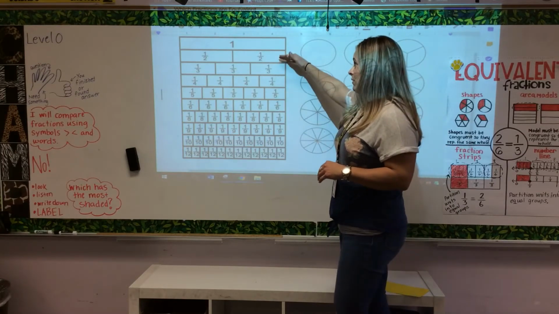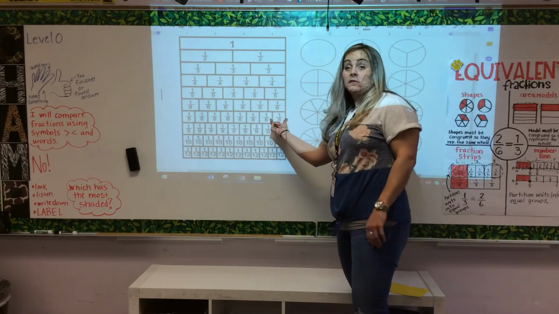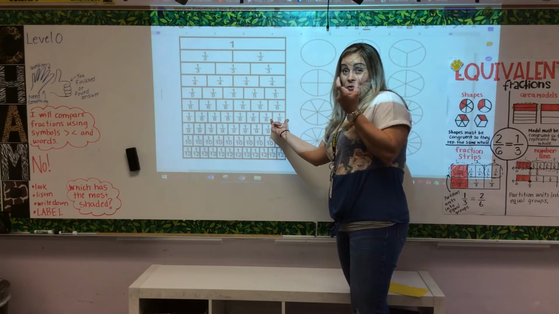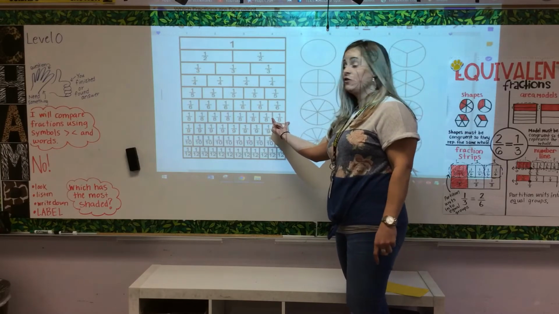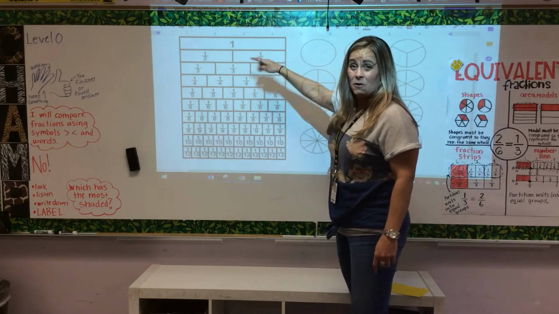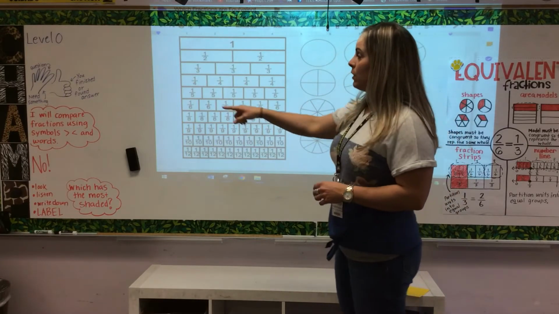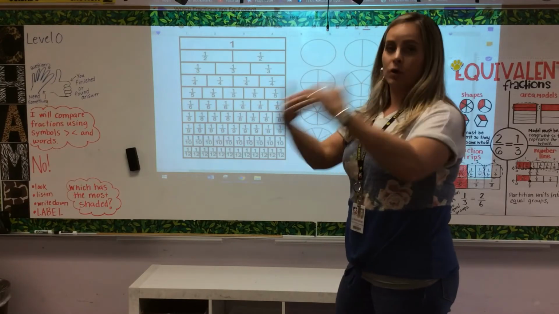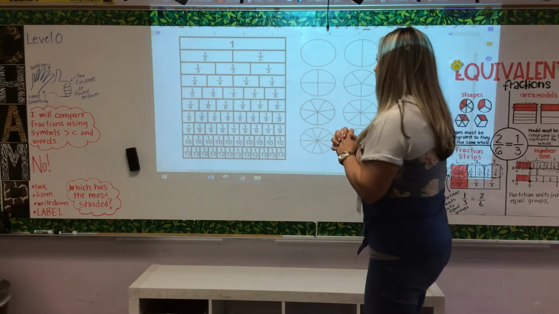If you can't tell the difference, these eighths, the unit, one out of 8, is so tiny. That piece is so tiny compared to this one piece, right? So you have to think about that today when we're writing in words, like we're justifying the comparison, okay?